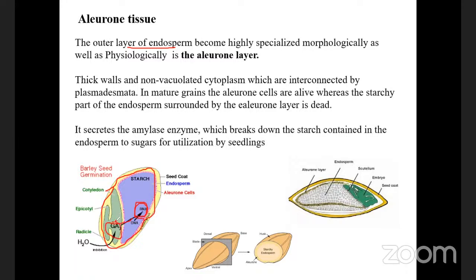So the gibberellic acid is one of the phytohormones. It activates, it motivates, it stimulates the germination of the seed. To control the seed dormancy, to stop the seed dormancy, we use gibberellic acid.